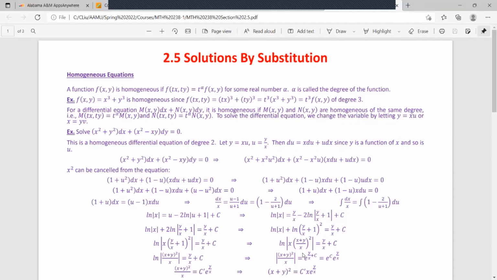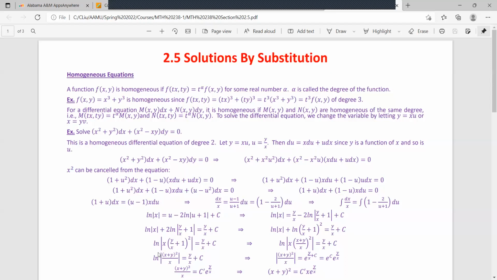Then, if you square this fraction, you're gonna get x plus y squared over x squared, and that will cancel one of the x in the front. So you're gonna just be left with one x in the denominator. So that becomes natural log of absolute x plus y squared over x on the left side.